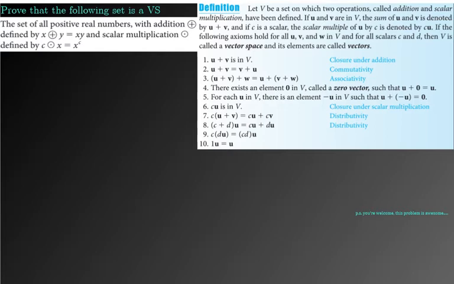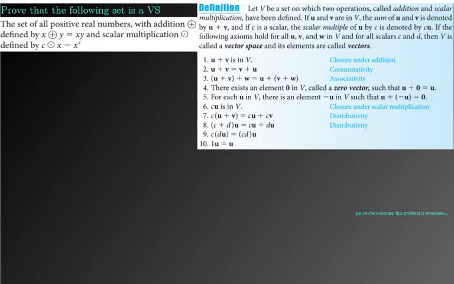It's important that you realize it's positive real numbers. You can't have negative a half, but you have positive a half and so on. That's going to actually matter. So let's go through this.